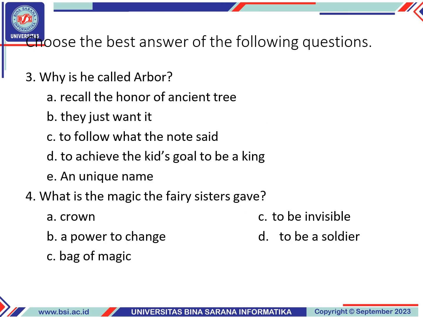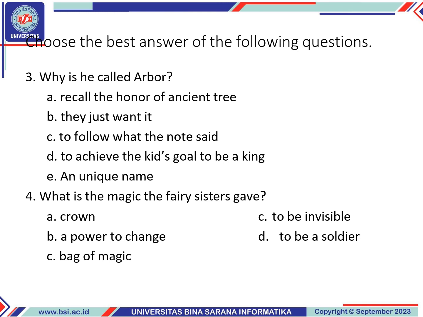Question number 3. Why is he called Arbor? A. Recall the owner of ancient tree, or they just wanted to follow what the note said to achieve the kid's goals to be a king, or a unique name. The answer is A. Recall the owner of ancient tree.